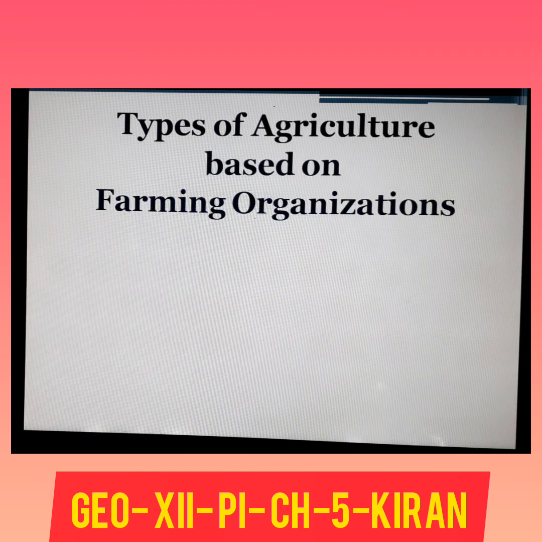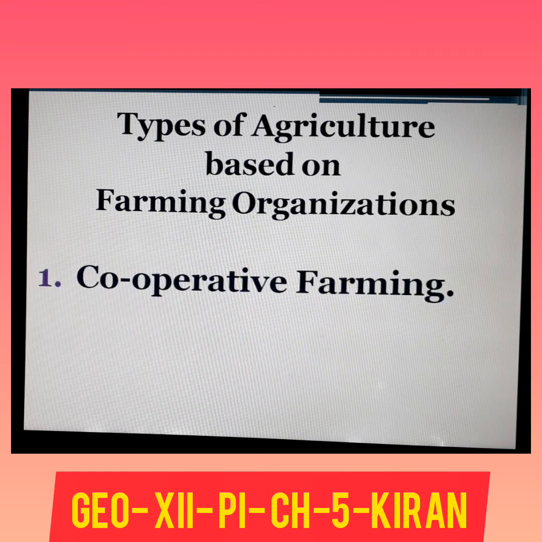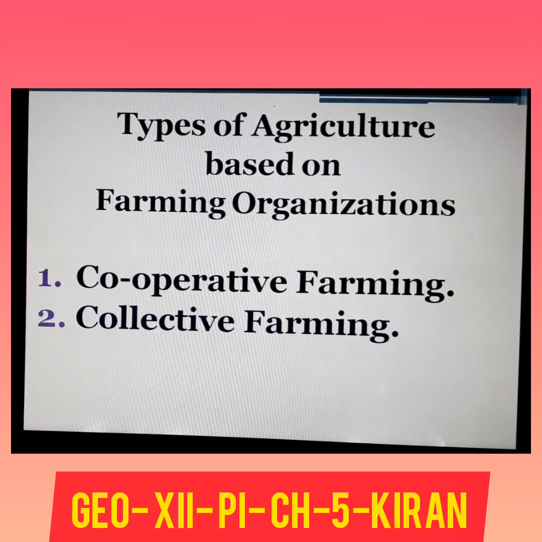Next, we have to understand something about types of agriculture based on farming organizations. What methods and organizations are involved in the process of cultivation? We have two types here. The first one is cooperative farming, and the second one is collective farming. We'll see the important features of cooperative farming.